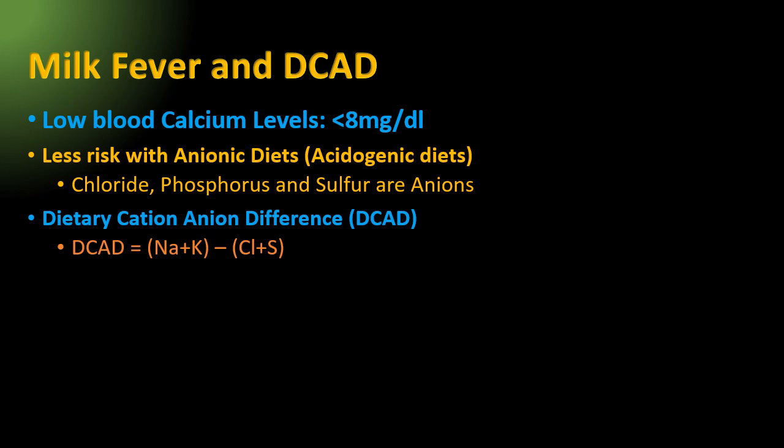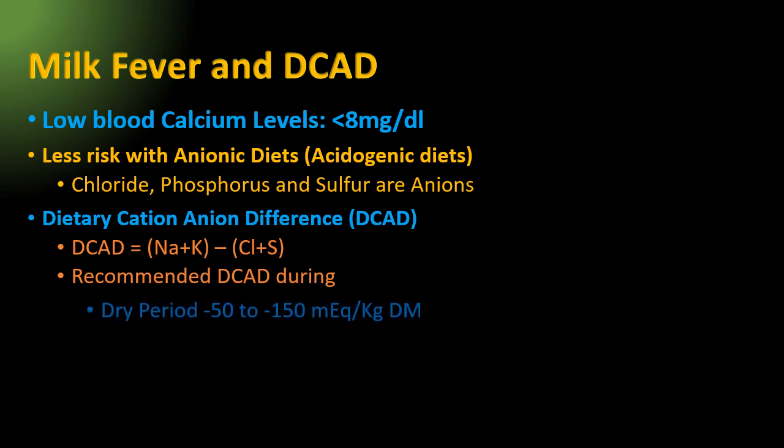Here, just to mention that the recommended dietary cation anion balance or difference to maintain blood calcium is -50 to -150. So when balancing dietary cation anion difference, chlorine can be added, but keep in mind that the ration calcium can be raised up to 100 gram, using calcium carbonate or calcium phosphate 20 to 25 gram from inorganic sources.